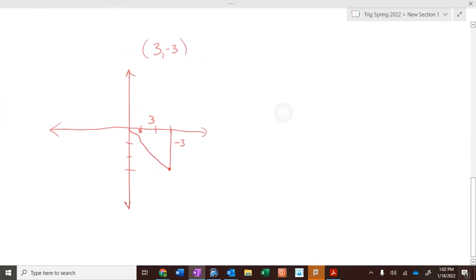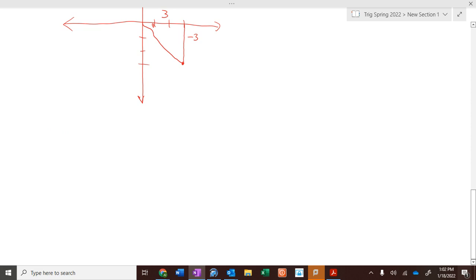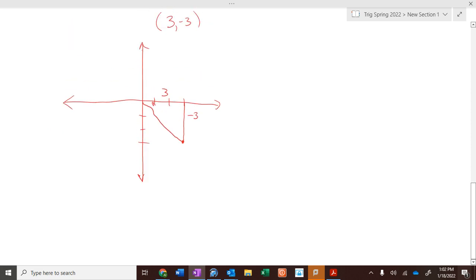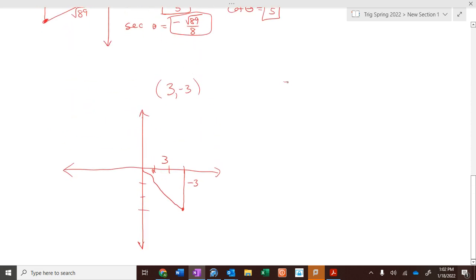Well, to figure that out, we go, wow, computer is just jumping around today. 3 squared plus -3 squared. So 9 plus 9 is 18. Can we break down the square root of 18 at all?